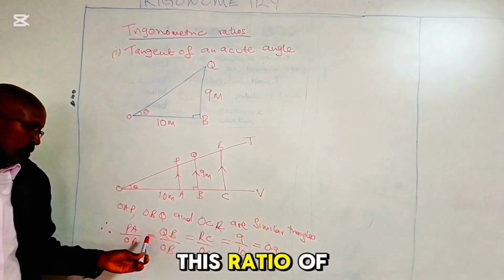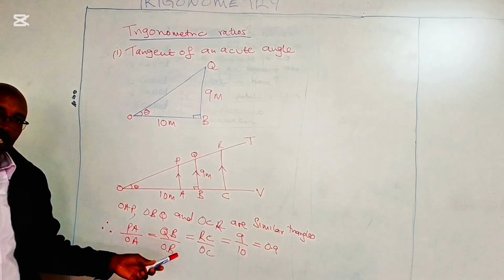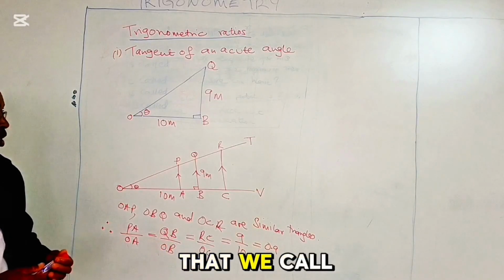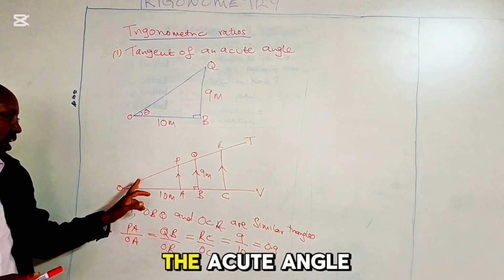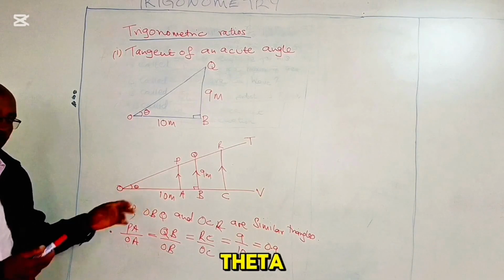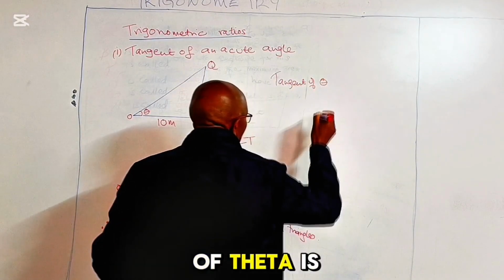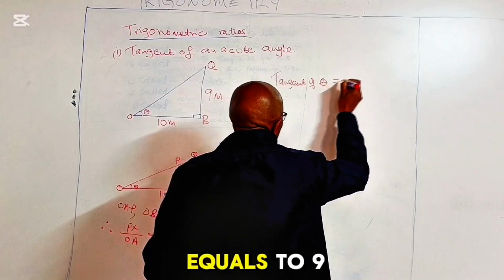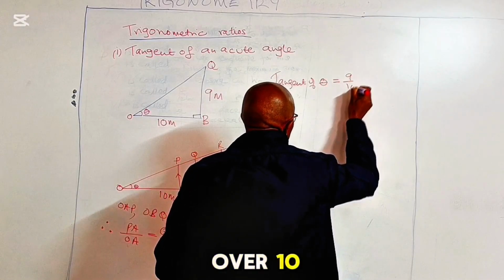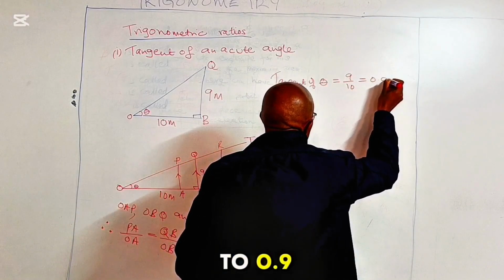This ratio of the corresponding sides is the one that we call the tangent of the acute angle theta. So the tangent of theta is equal to 9 over 10, which is equal to 0.9.